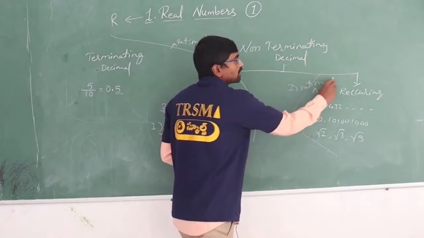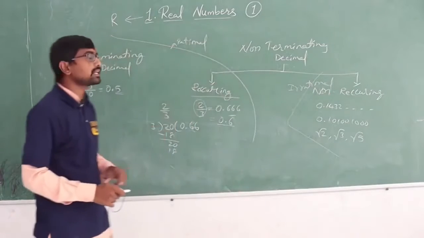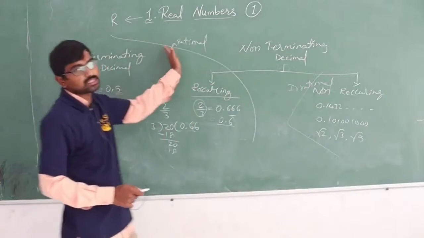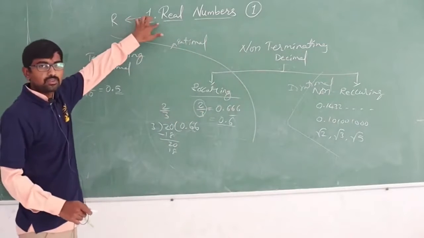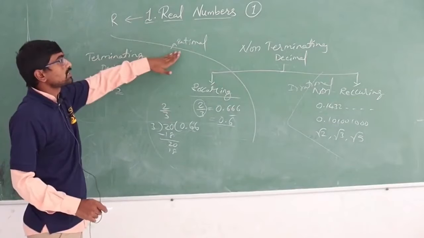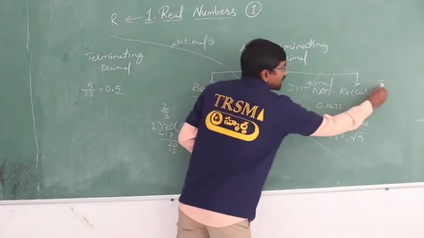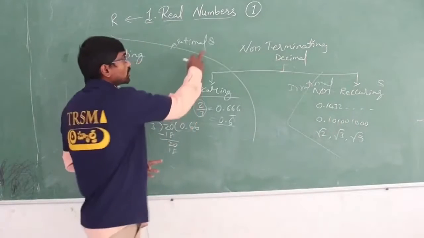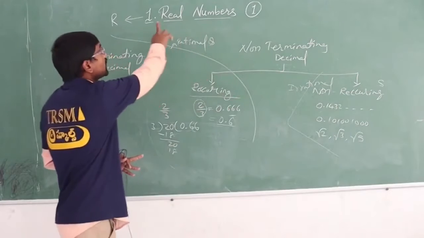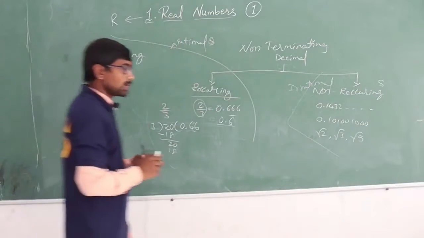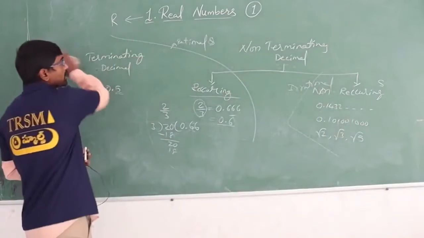The set of both rational and irrational numbers together is called real numbers. Rational numbers are denoted by Q, irrational numbers by S. So Q, S, the union of both Q and S, are real numbers. That is, the combination of rational and irrational numbers.